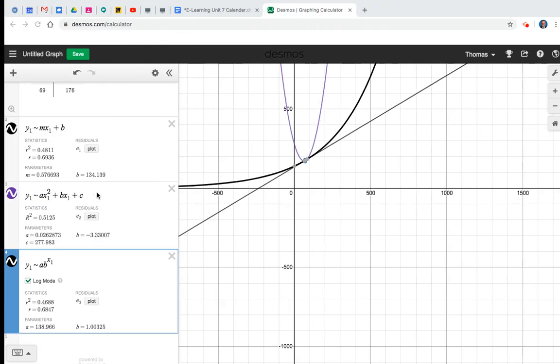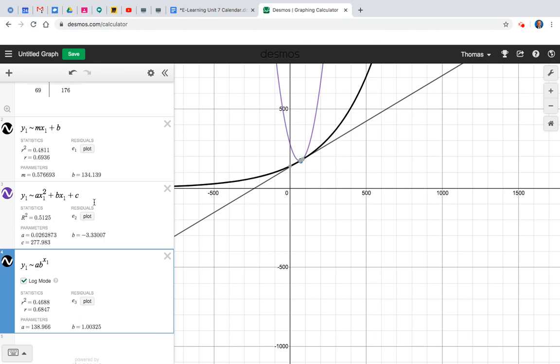And then last but not least, let's go to the logarithmic one. Well, it gave it to us, okay? It gave us that r is equal to 0.6847. And notice here, if you don't have it checked, it doesn't give it to you, okay? So conveniently for us, we know we need to have it checked, and it also gives it to us, 0.6847.